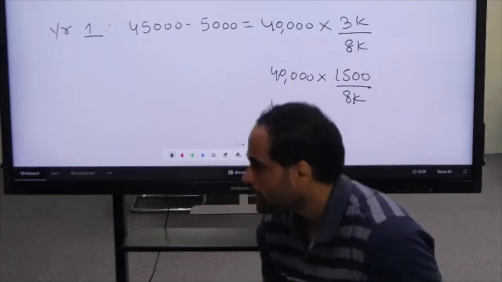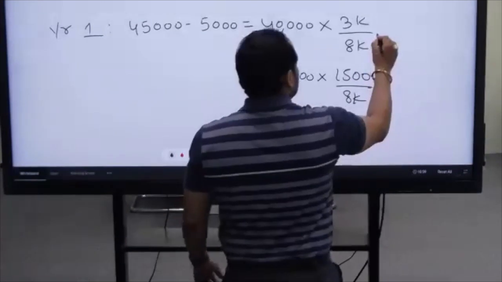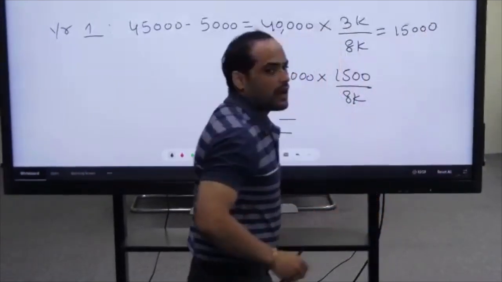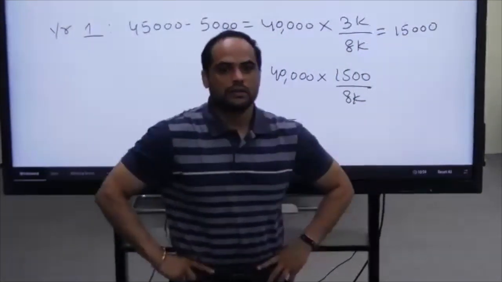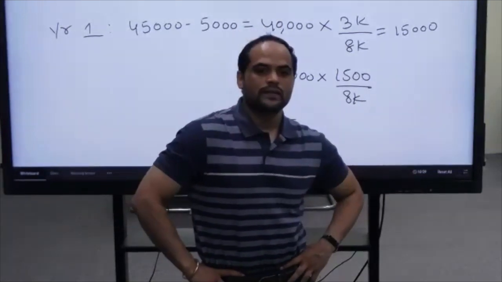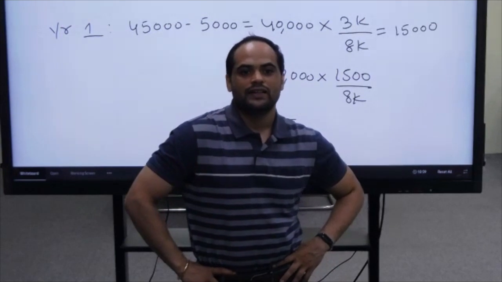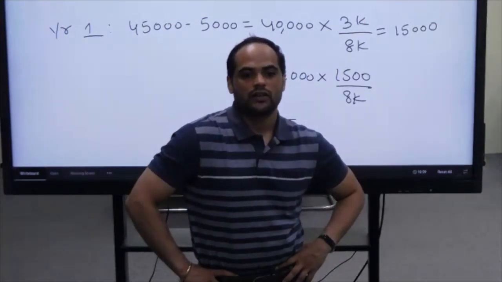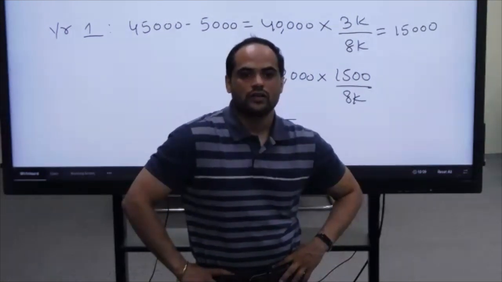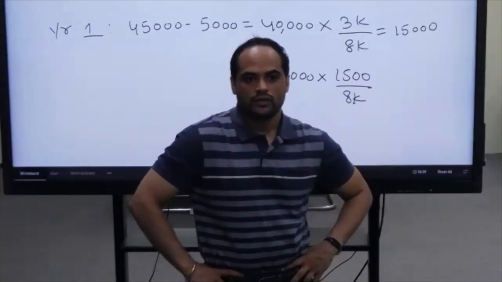For example, first year depreciation is 15,000. And what will be the book value of the machine? Means after subtracting the depreciation, how much will be the value of the machine? 45,000 minus 15,000, all right?